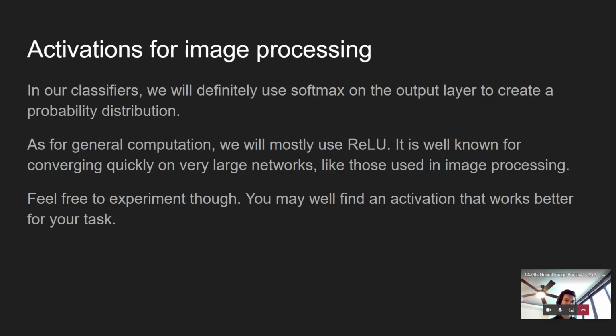So it will only ever output at most 0.999 something, whatever the highest, most precise version of that is with floating points. So yeah, feel free to experiment with all of these. It's neural networks. You can do a lot of experimentation and find some interesting results.